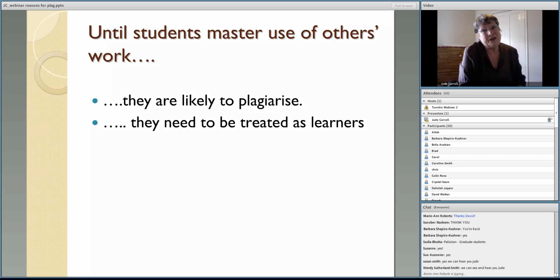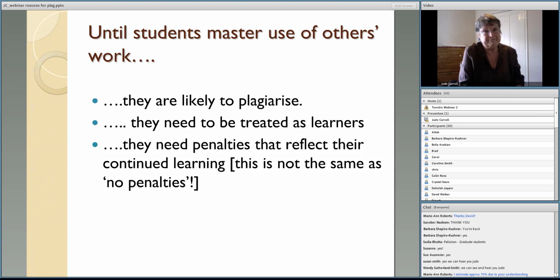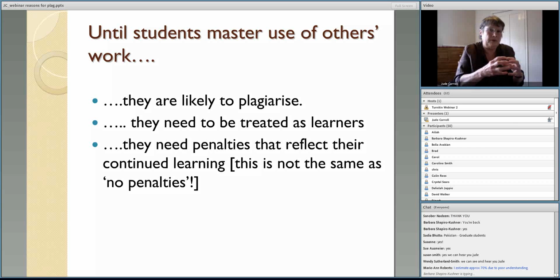Okay. So students are likely to plagiarize, and when they do, for that half, they need to be treated as learners. And they need penalties that reflect this continued learning. So in the same way that they need high penalties to dissuade them from serious cheating, they need appropriate penalties that reflect their continuing learning.